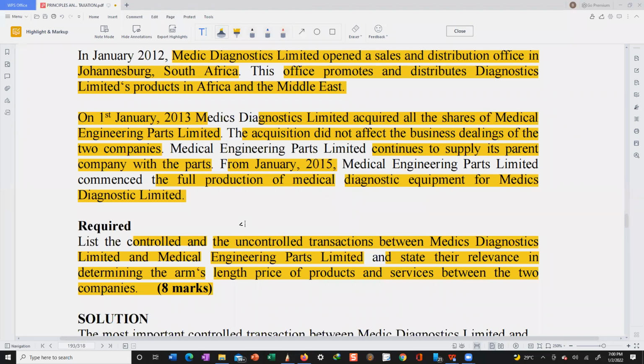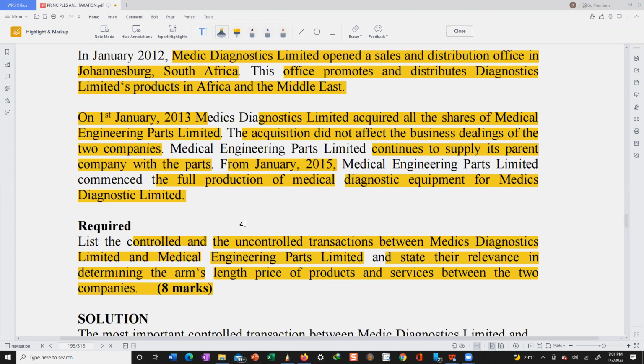But if it transfers the products to its office in South Africa, then the office becomes a PE. And I told you that any transaction between a PE and its head office is controlled in nature. So when it sends those medical equipments to its office in Johannesburg, that is a controlled transaction. But where the office sells to people in Africa and the Middle East is uncontrolled.